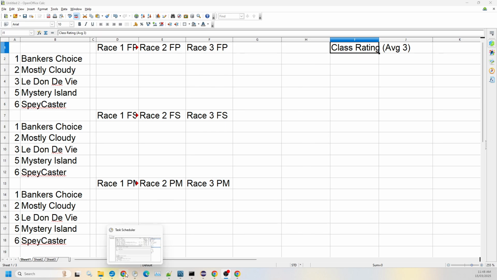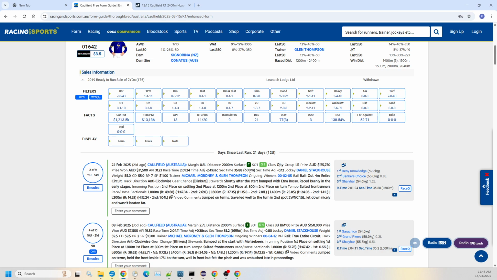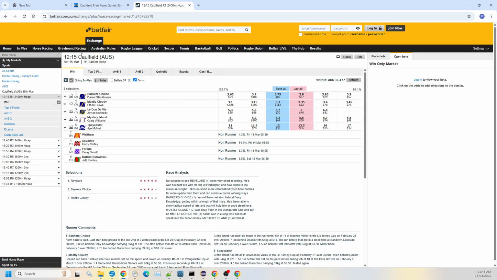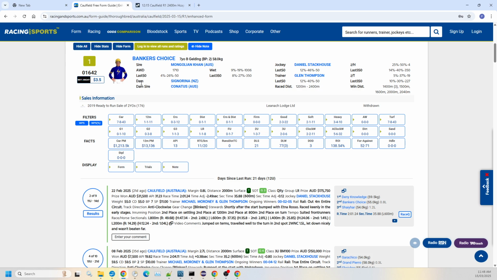So I have set up a race which I'm going to look at today, which is Caulfield Race 1 at 12:15 today. It's a 2,400 meter handicap. We've got 5 horses, so it's a nice, easy way of doing it.